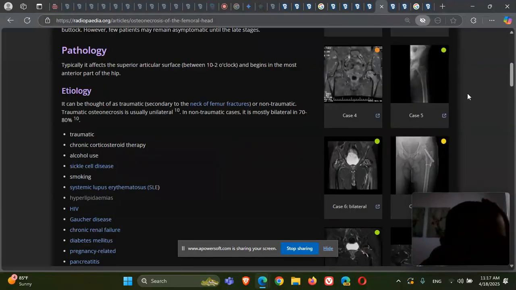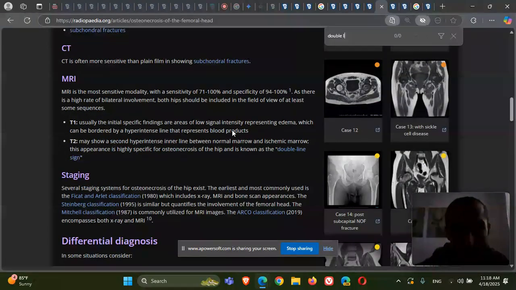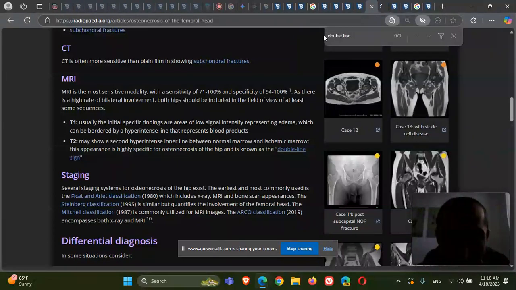When you get to MRI, what you may see, not very easy, is what is called the double line sign that you can see on T2 weighted imaging.